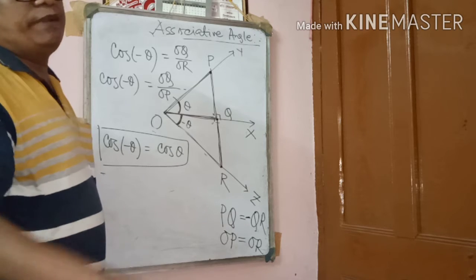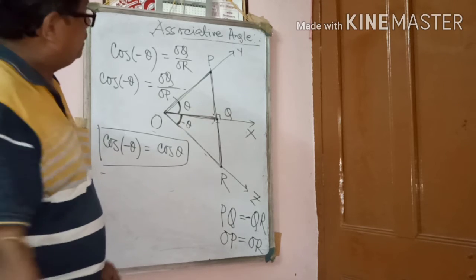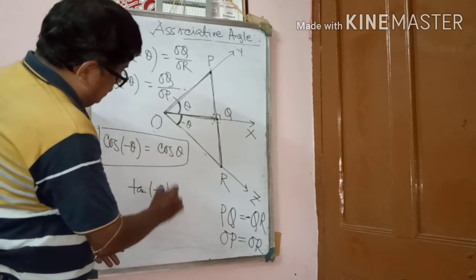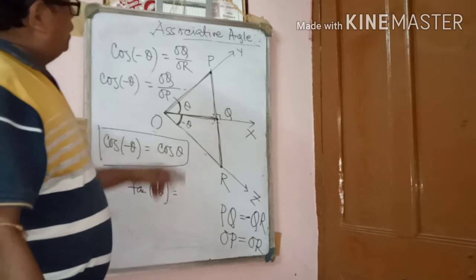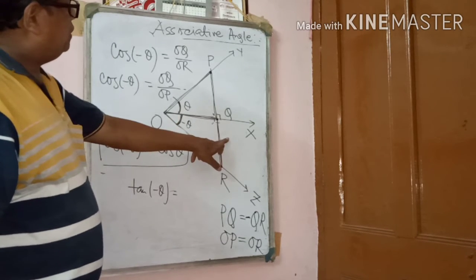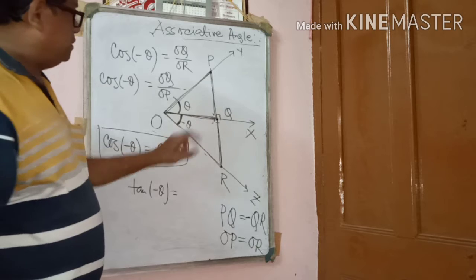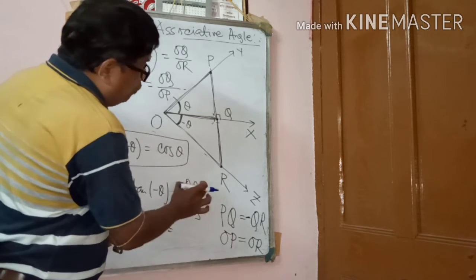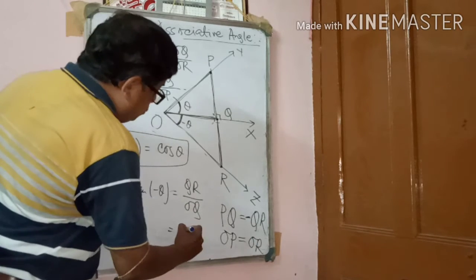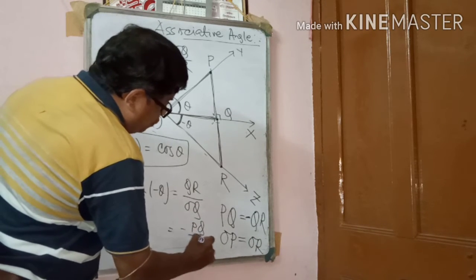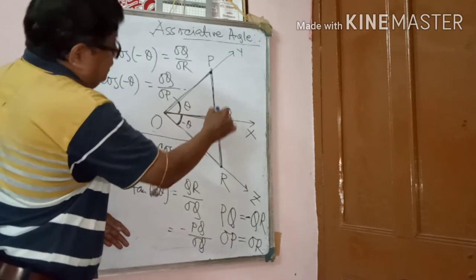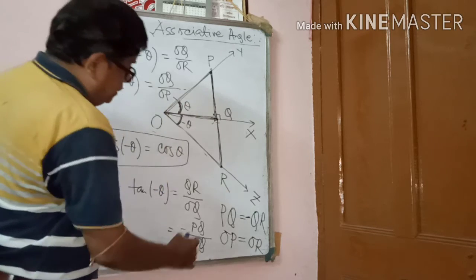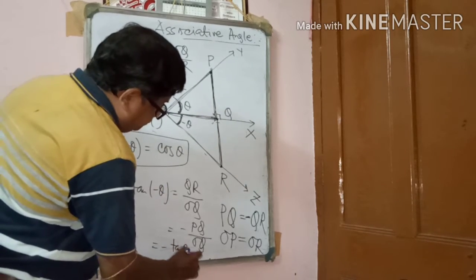Similarly, find tan minus theta equals minus tan theta. For this angle, perpendicular by base, you can write QR by OQ. QR equals minus PQ, so write minus PQ by OQ, and PQ by OQ is tan theta. So here minus tan theta.